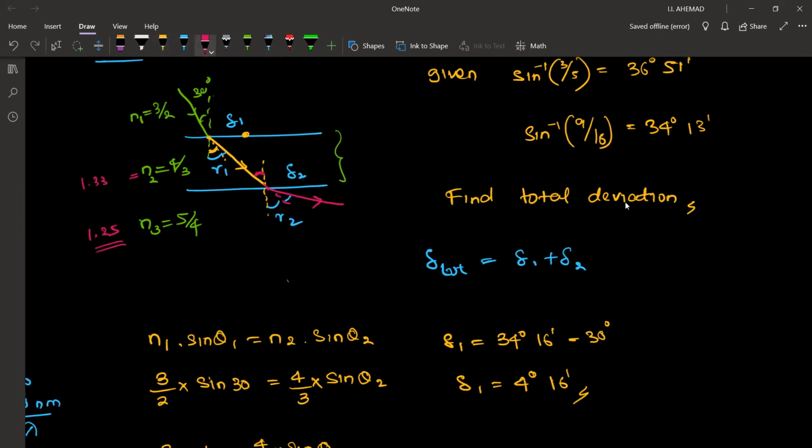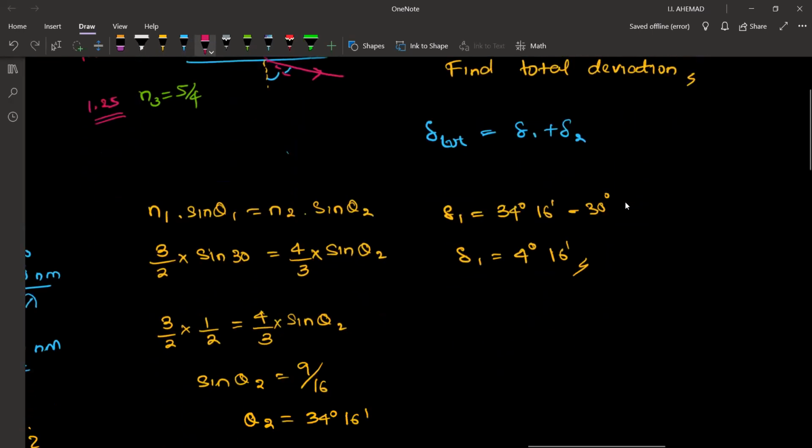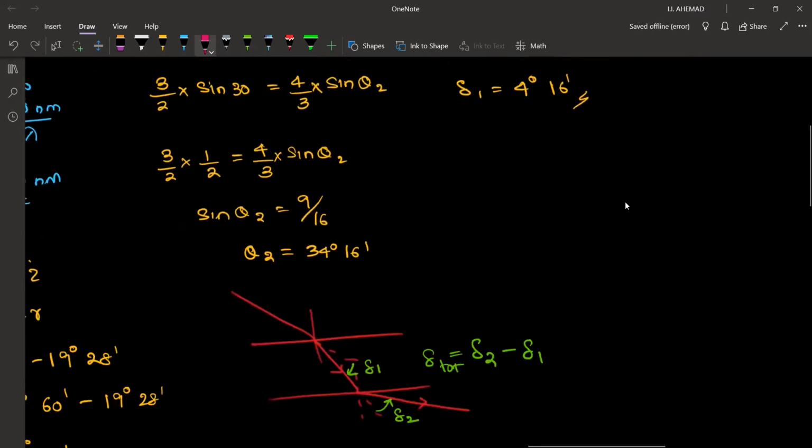What is this angle equal to? What can you tell about R1 and this angle? They are alternate angles, right? By geometry, that is also R1. Sorry, we are using it as theta 2. I have marked it as theta 2, so this is also theta 2. This is R1.